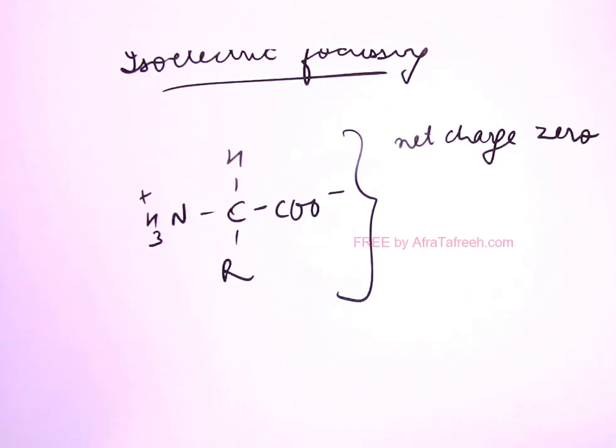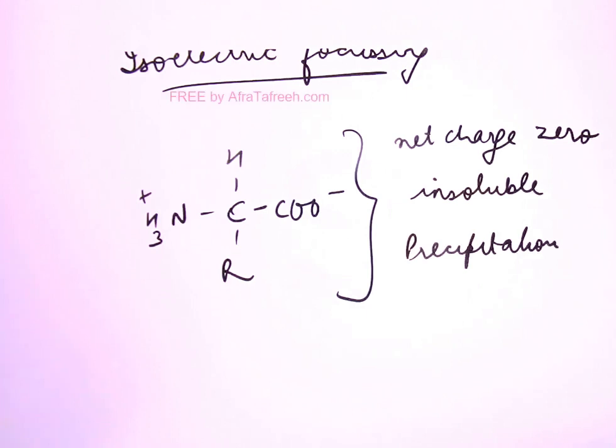Actually, solubility depends on charge. Solubility of amino acid or protein depends on charge. When there is no charge on the structure, then this kind of structure is insoluble. So when the structure is insoluble, precipitation will occur at this point. This kind of structure of amino acid, having negative on carboxy and positive on amino, is called Zwitter ion.